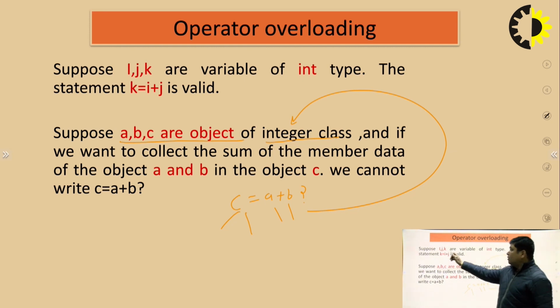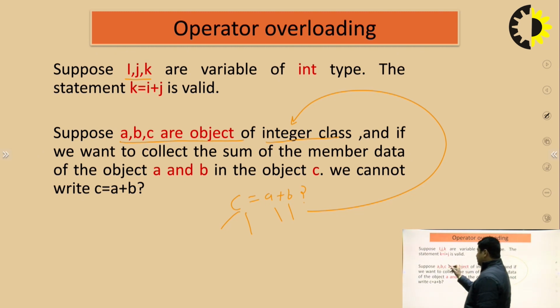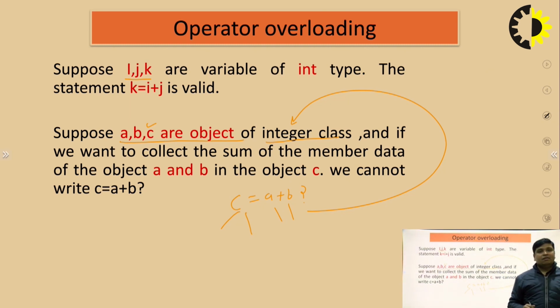If we talk about I, J, K, these are primitive types, so we can perform the sum easily. But if we do this type of activity on objects, immediately we will get an error. What is the reason?